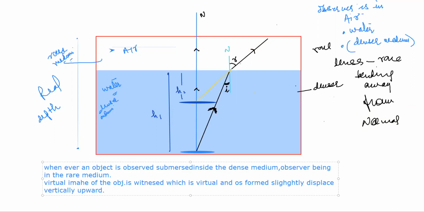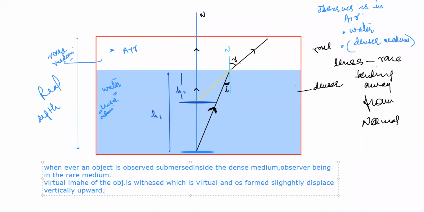Please note this point. There are various versatile applications of this concept. This also gives us a relationship between the refractive index of denser and rare medium.